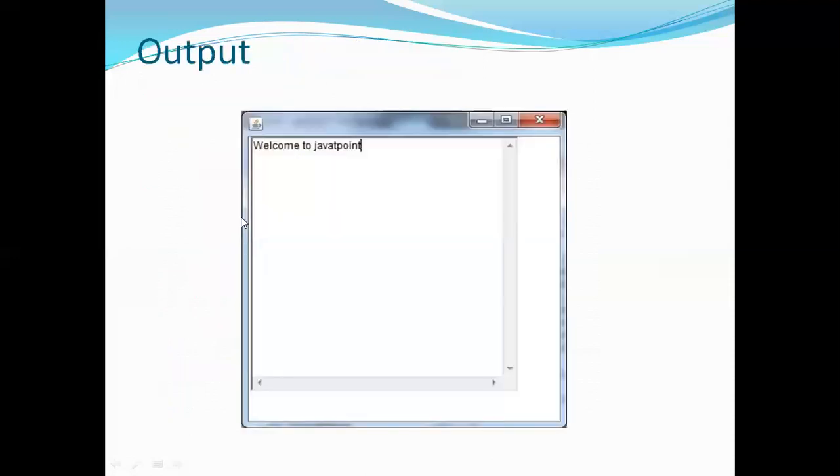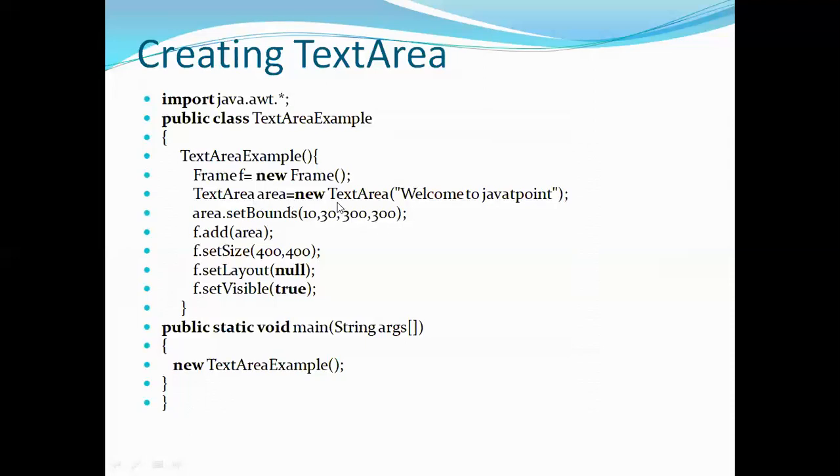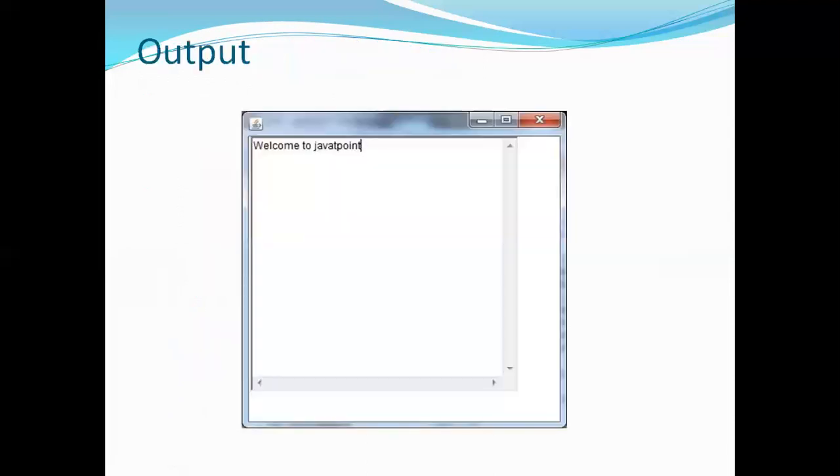If you observe, this highlighted area has some bounds. For that area you can set the bounds like this, and add this area to the frame and set the size of this frame using the setSize method. Next setting the layout, next setting the visibility, and I'm creating the object for my class called TextAreaExample. So this is how you include the text area in your frame.